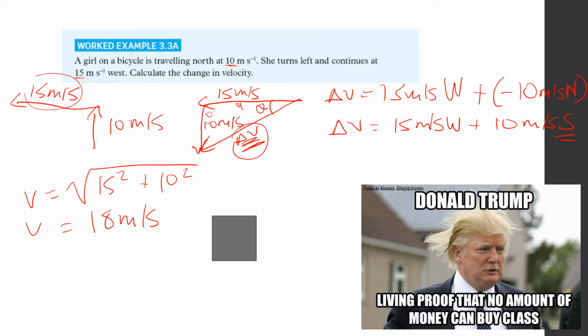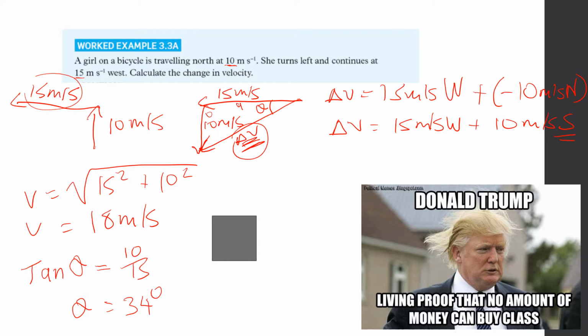We now need to determine the direction, because, as I've already said, we have opposite and adjacent. Tan is our friend. It's better than putting in a calculated value, which we may have made a mistake on. So tan theta equals opposite, which is 10, over adjacent, 15. So theta equals 34 degrees.